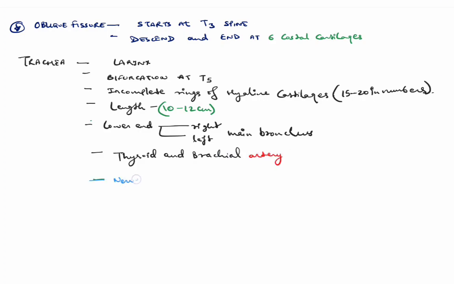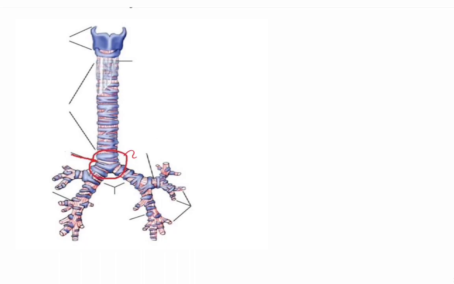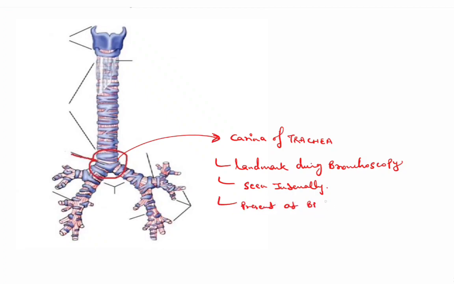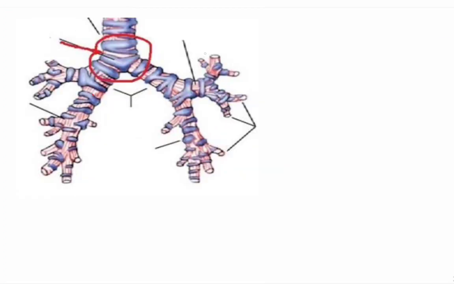Then thyroid and bronchial arteries are the blood supply, and the nerve supply is vagus, and the recurrent laryngeal nerve is the nerve supply of the trachea. So this bifurcation point is known as the carina of the trachea. The carina is a landmark during bronchoscopy. It is seen internally as an elevated ridge at the bifurcation, which is known as the carina of the trachea.